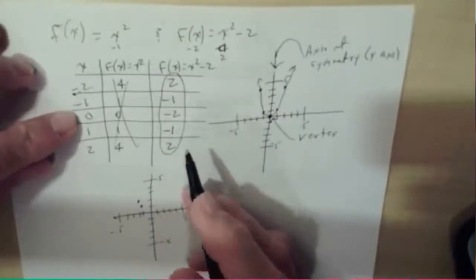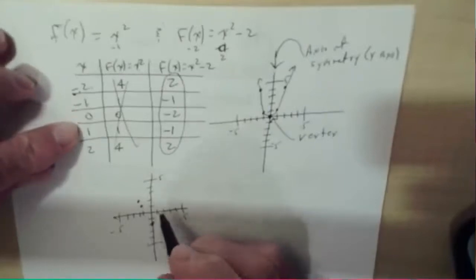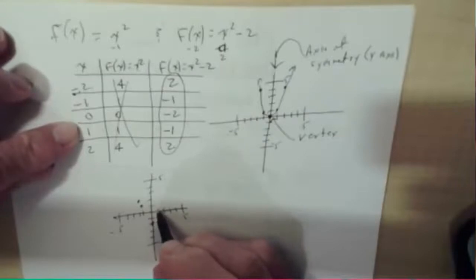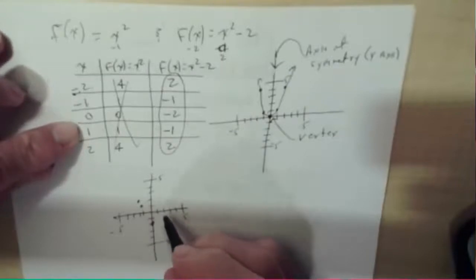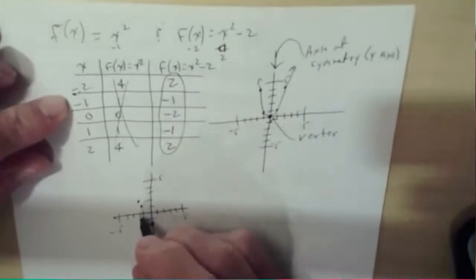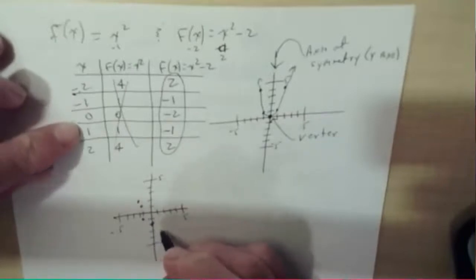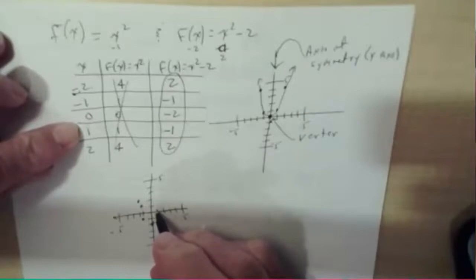Now we have 0, negative 2. 0, negative 2 is here. Then 1, negative 1. Wait a minute, what did I do here? Negative 1, not here. Here. There. And then 1, negative 1 is here.